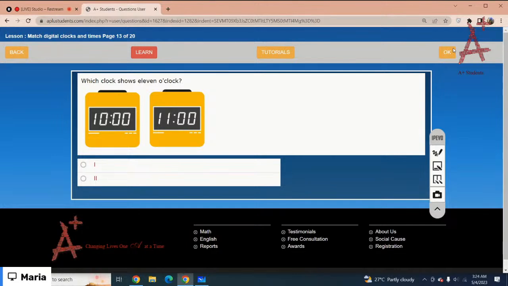Yes, it would be the second one. The second one shows 11 o'clock.